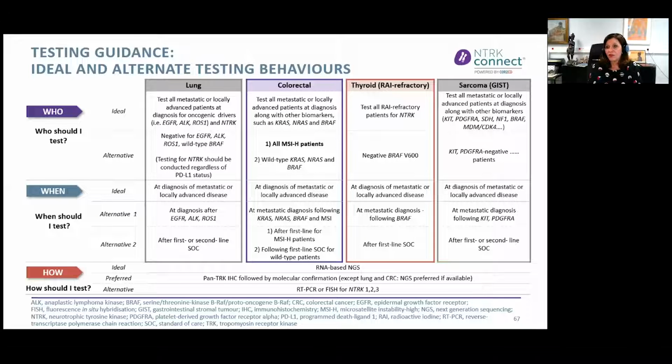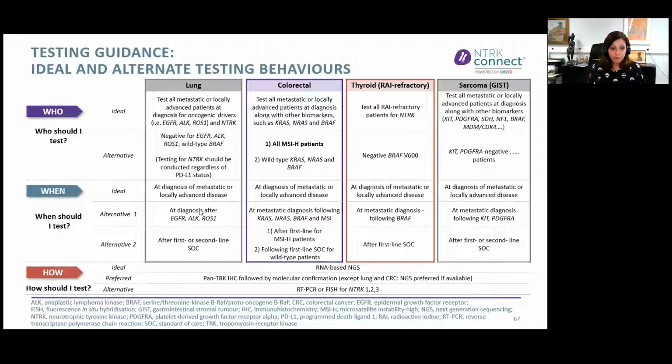And of course, it's interesting to look at the genes that do not harbor the other drivers like KIT, PDGFR, SDH, and NF1. But also you can look at the other sarcomas without the drivers. We have also specific algorithms that are published today with other types of sarcoma, for instance, for the uterine sarcoma. So I think that the more knowledge we have, the better we will be to screen in the different clinical conditions.